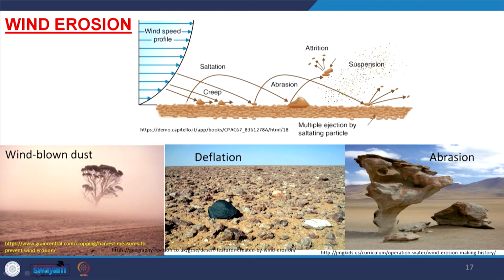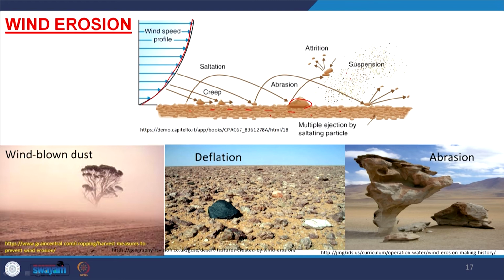Now, if you see here in a velocity profile, wind speed increases with height, and here the material is mixed, larger and smaller and again smaller particles.